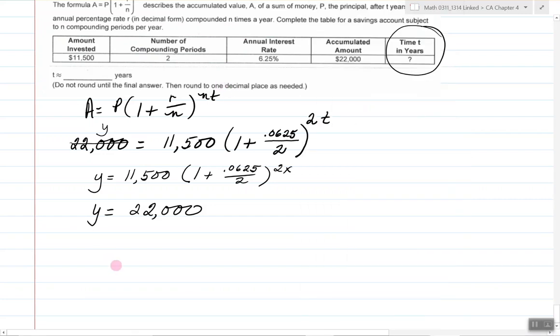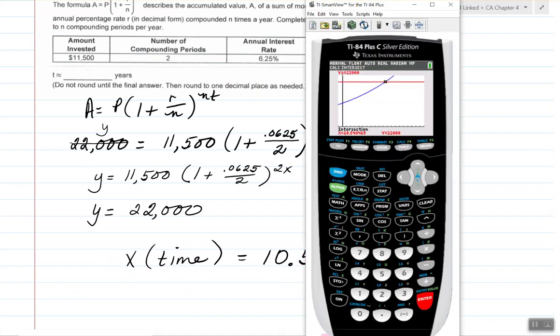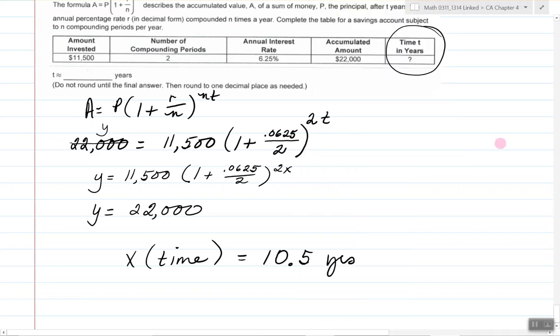So x, which is time, will be 10.5 years. Double check that. Yes, 10.5. Okay, so we have practiced a little bit more with our calculator, and we have solved both exponential and log equations, and now it's time for you to work. Good luck.